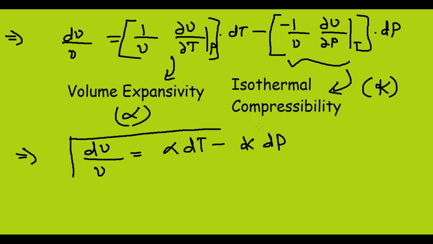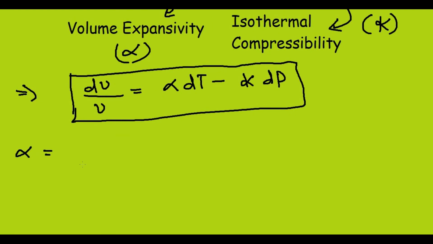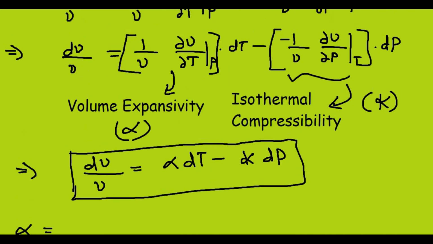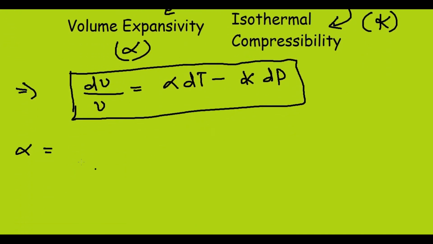This is the final expression that I have. Now I will write out alpha and kappa. Alpha is the volume expansivity, which is 1 by V del V del T at constant pressure. This is what alpha is.